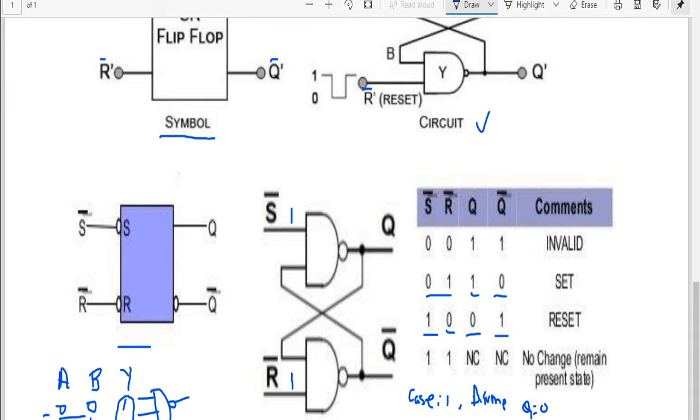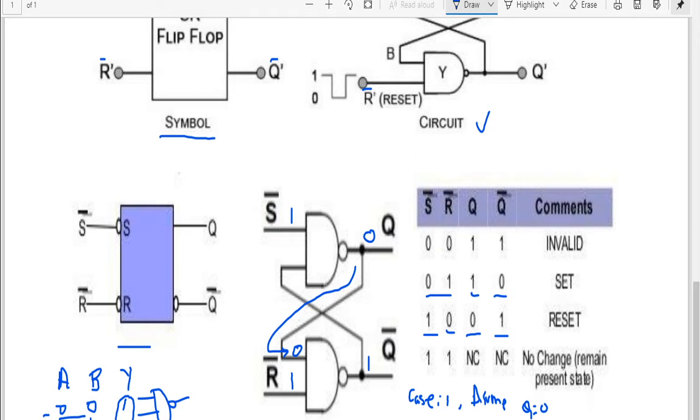Okay, so if Q is taken as 0, what will happen? This 0 is coming out here. So at the input of the lower NAND gate, R bar is 1 and the other input to the NAND gate is 0. So when it is 0 1, the output of the NAND gate is going to be high. So Q bar is going to be 1.